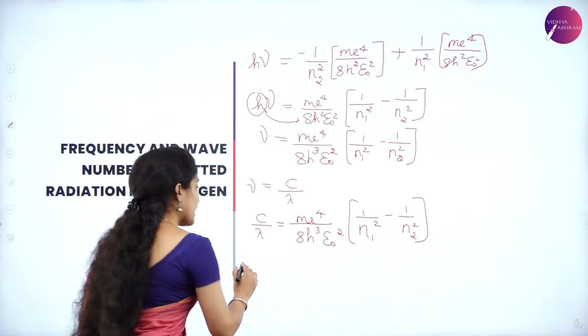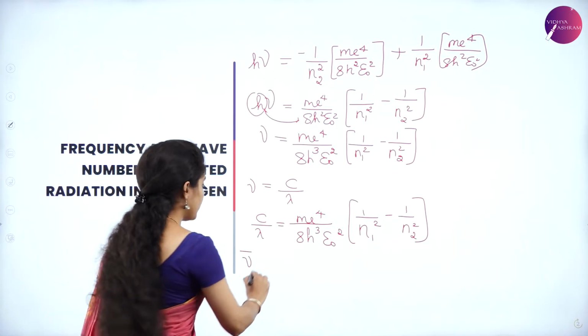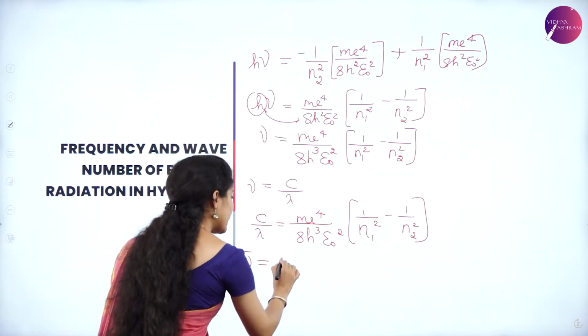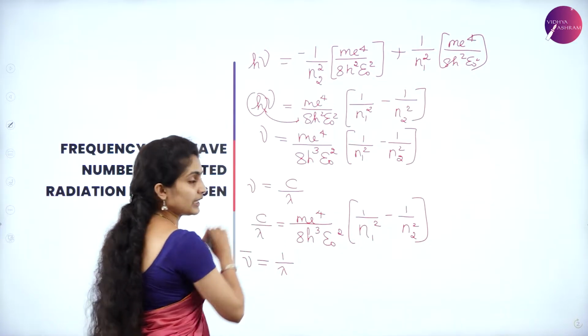Okay, so we know that nu dash is the wave number. So wave number can be equated as 1 by lambda. So we have 1 by lambda into c.